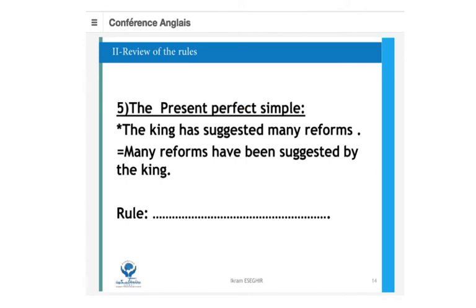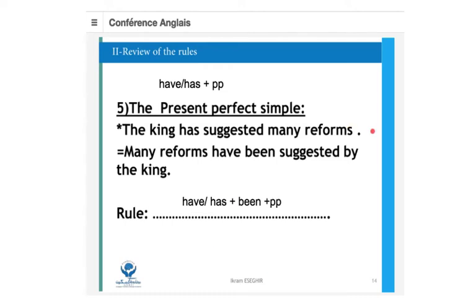That's for past continuous. We move on to present perfect simple. Now, generally, what is the present perfect? The present perfect is the auxiliary have or has plus the past participle of the verb. This is present perfect. When I want to change it into the passive, I use again have or has plus been plus past participle. Okay?